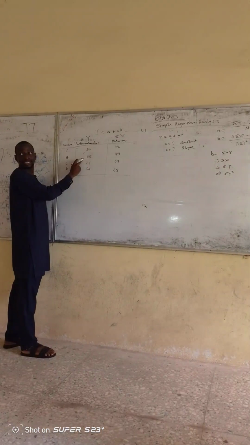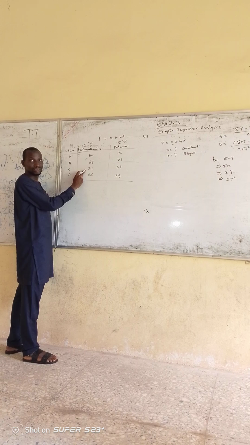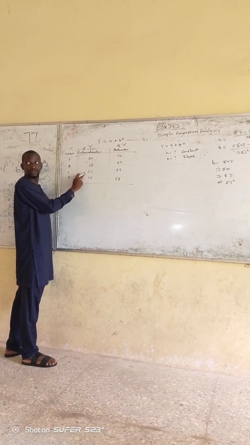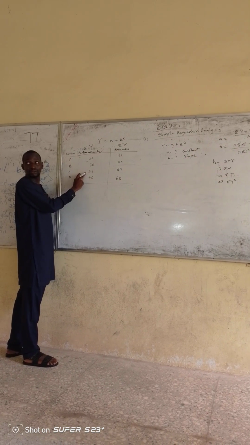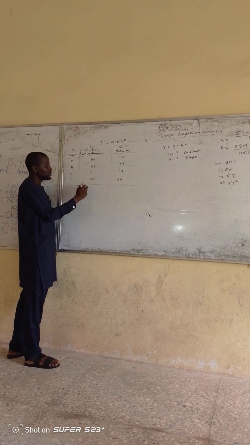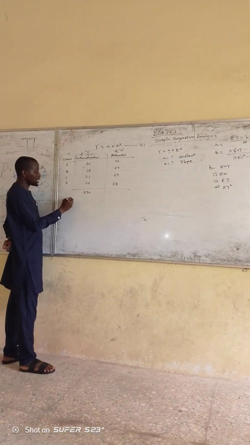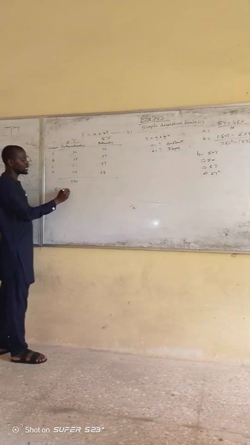50 plus 38, 88 plus 71 is 164. 164 plus 66, 230. So our summation y is 230.